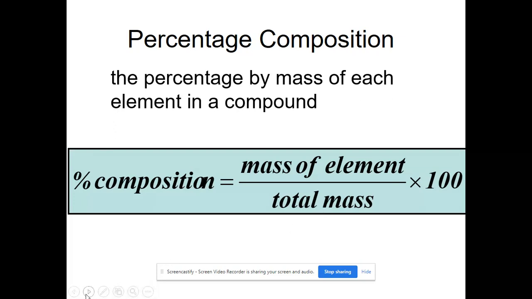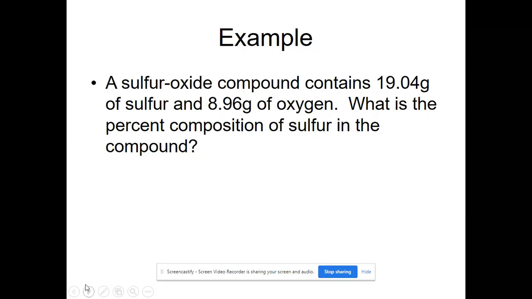So here, I want to show you two different types of problems that you will see. The first type of problem is when you are given amounts of each element and you're asked to find the percent composition of one of the elements, or possibly both of the elements in this material.